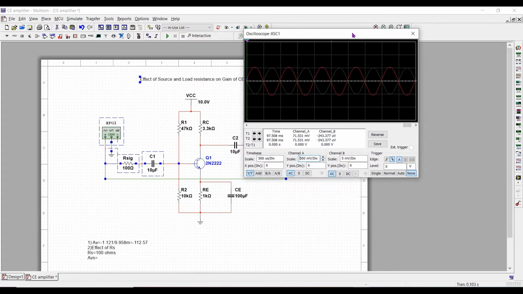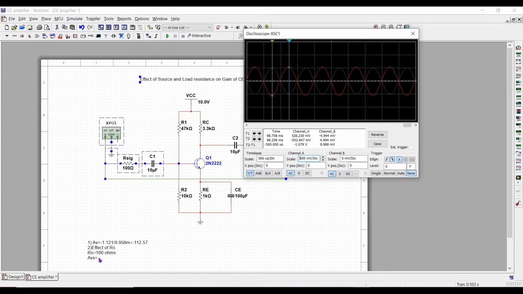We can see that they are inverted to each other, and now we have to see the effect on the gain. For that we need peak to peak values of input and output. So again cursor 2 at the peak value, cursor 1 at the negative peak value. Observe at channel A it is minus 1.079.